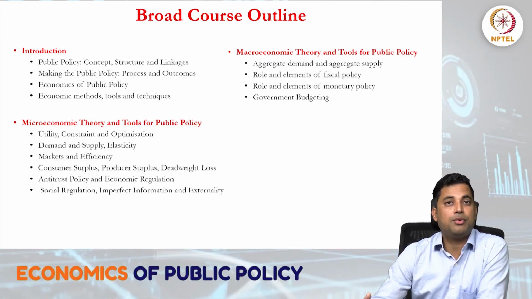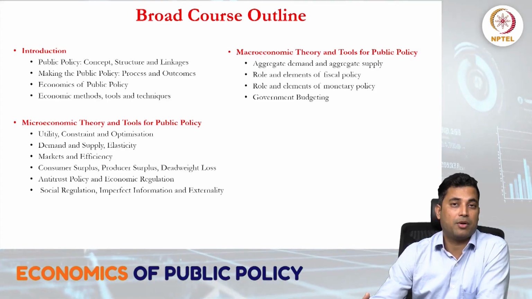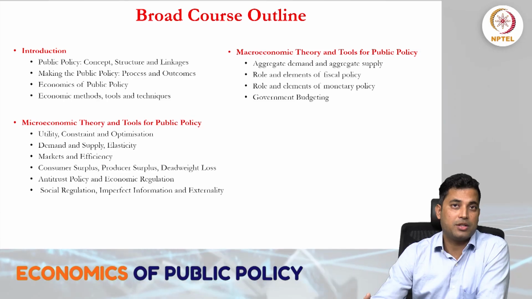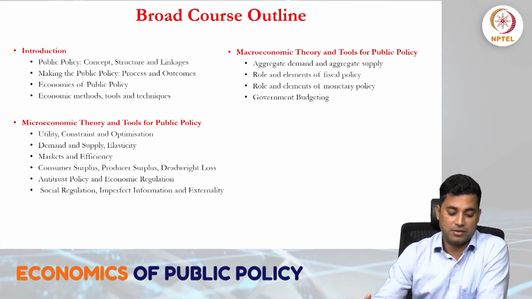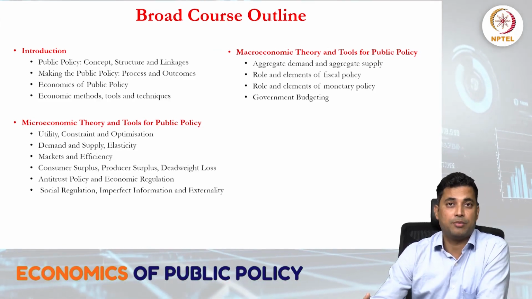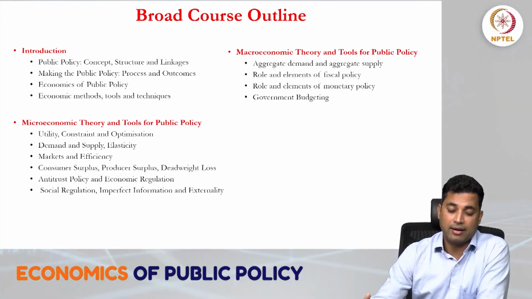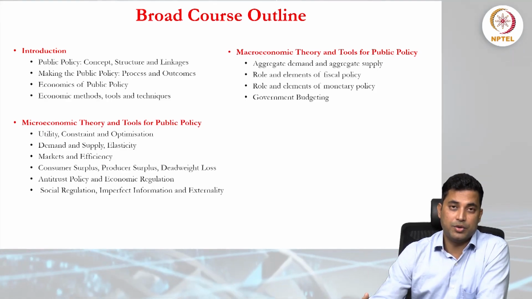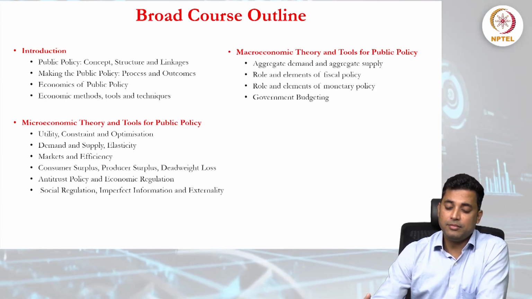Therefore, when we discuss public policy from the social cost point of view, social regulations, asymmetric information, imperfect information and externalities will be discussed at length to understand what the problems are in dealing with public policy.